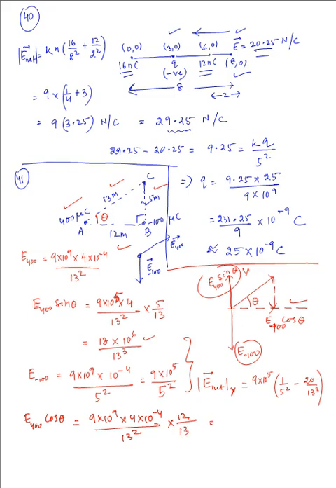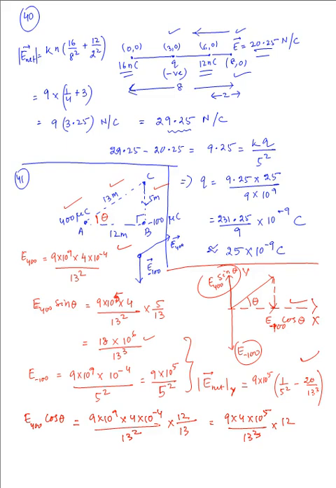So again you are going to get 9 times of 4 times of 10 to the power 5, and then you have 13 cube below and a 12 extra over here. So this is along the x direction or the horizontal line, and that is along the y direction.